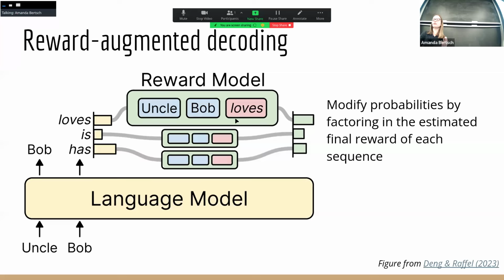And we calculate the likely reward if we pick each of those tokens. And then we use the combination of those two distributions to choose what to decode next. And this gives you some of the benefits of RLHF without actually having to do reinforcement learning. So it's a way of treating aligning to human feedback as just another constraint that you can impose at decoding.